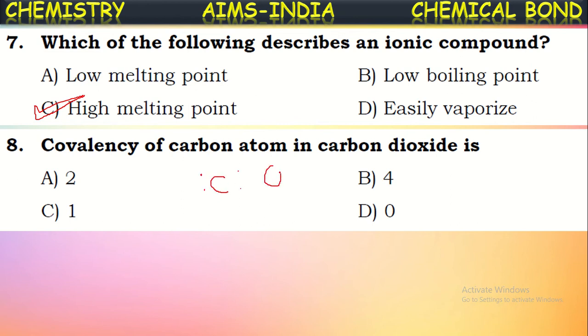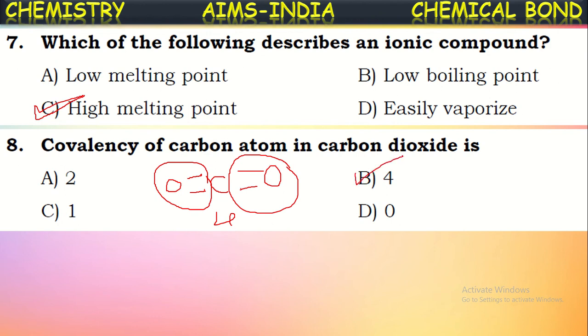So it forms 2 covalent bonds with each oxygen atom, and hence it is sharing 2 pairs of electrons with each oxygen. So finally it is sharing 4 pairs of electrons with the 2 oxygen atoms. The number of electron pairs shared by an atom in covalent bond formation is called its covalency. So we can say the covalency of carbon in the carbon dioxide molecule is 4.